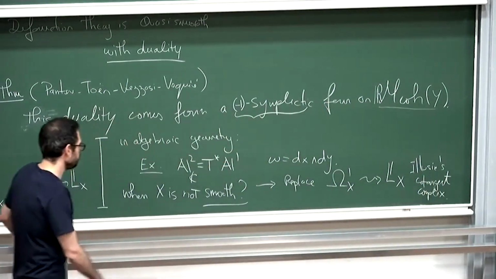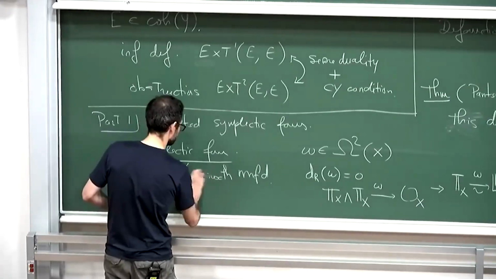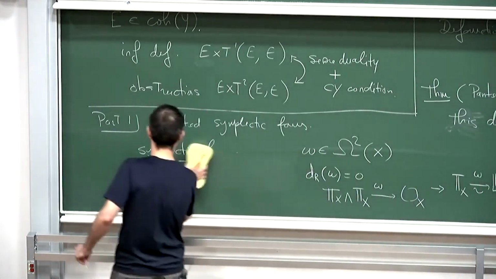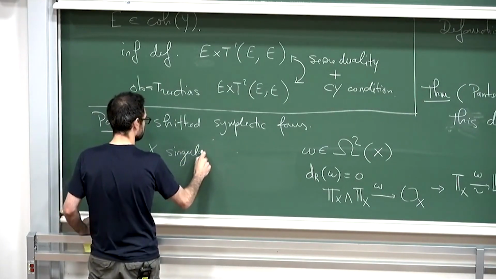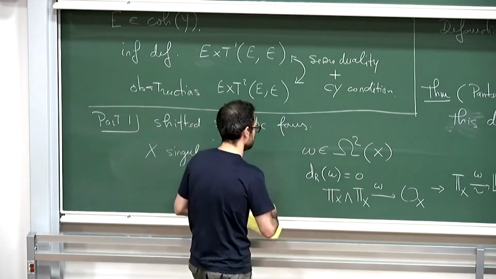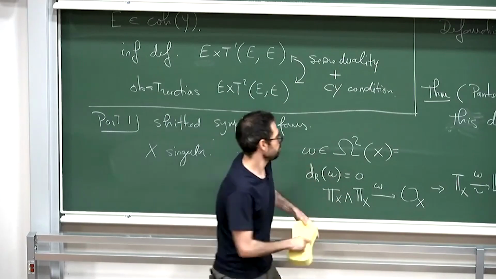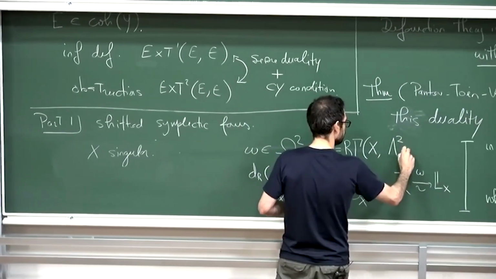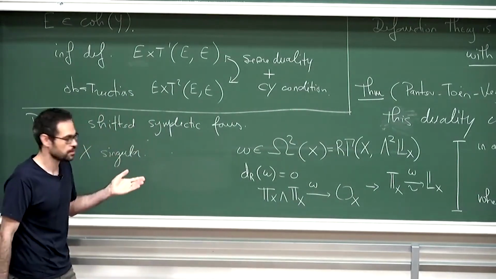So if we're willing to play the same game with the cotangent complex, if I have now a singular algebraic variety, I will change this definition, and I will define 2-forms to be the complex of derived global sections of the 2nd exterior power of the cotangent complex. These always make sense.